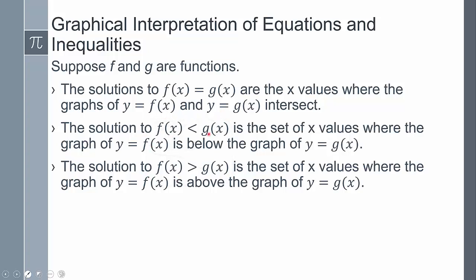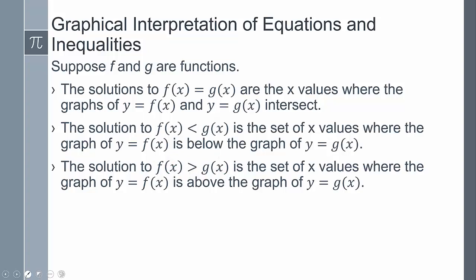The first one is saying the solution to when my function is less than my second function will be the values in which my function here is below this function. And then the solution to this is where this function is going to be above, because it's going to be greater than this function.